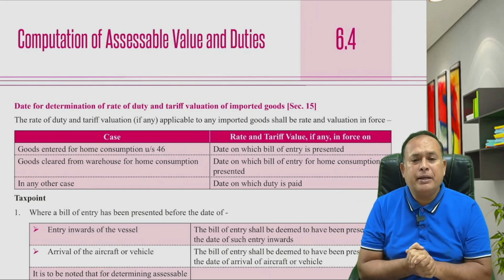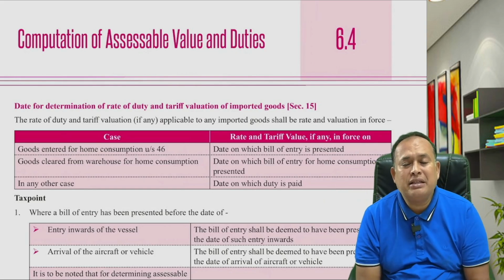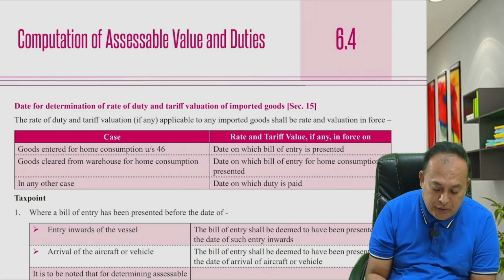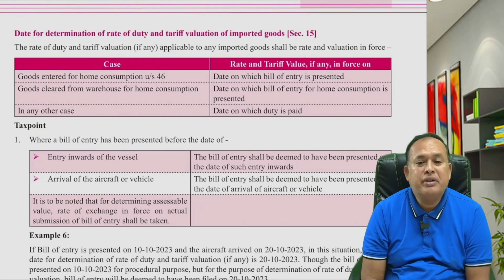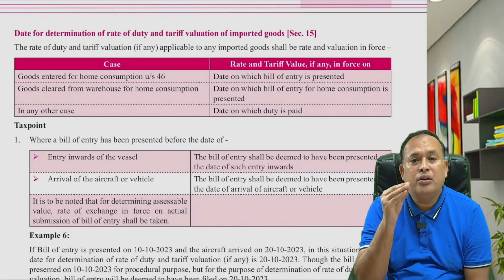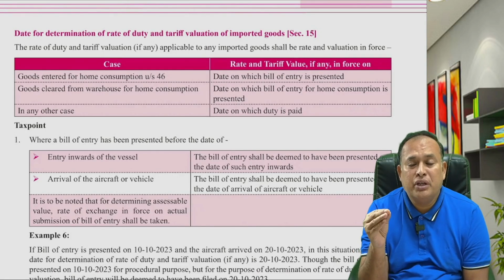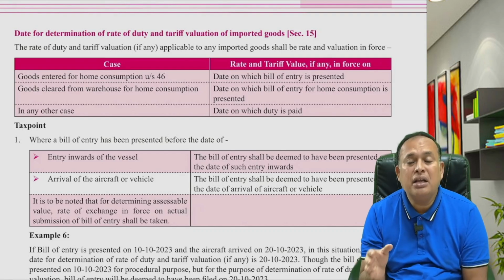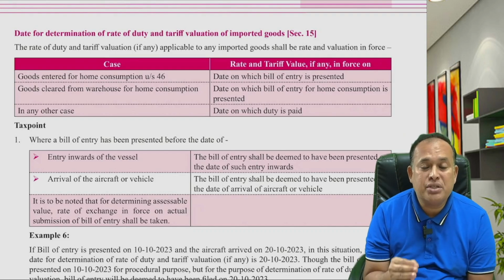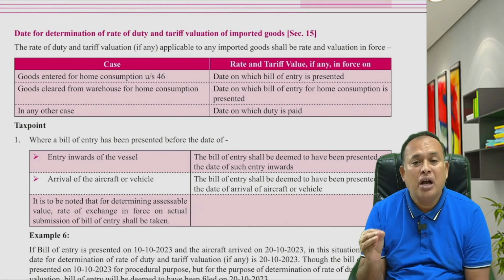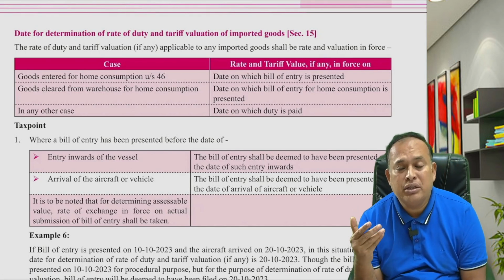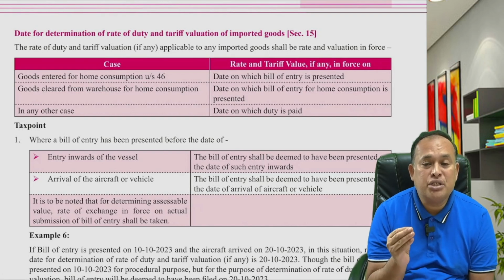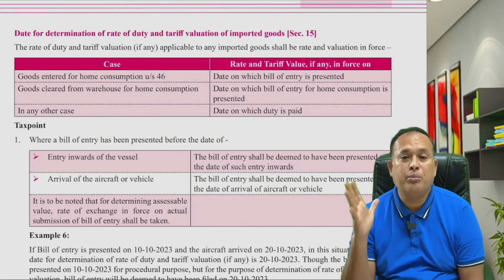Assessable value is nothing but the CIF value for imported goods. As your study material clearly says, it is the conversion of the value of imported goods into Indian rupees. We take the exchange rate of CBEC at the time of submission of the bill of entry by the importer.